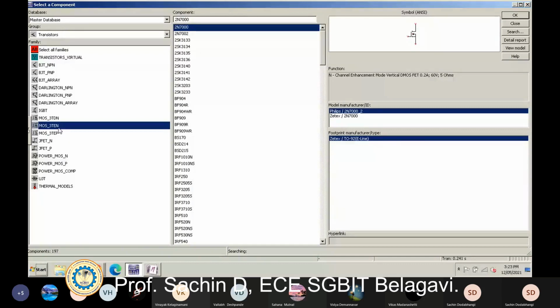EN represents enhancement type, N channel. I'm also checking on my mobile whether you can see it or not. So it is a 3-terminal enhancement N channel MOSFET.